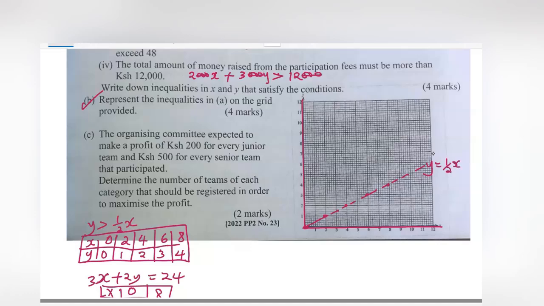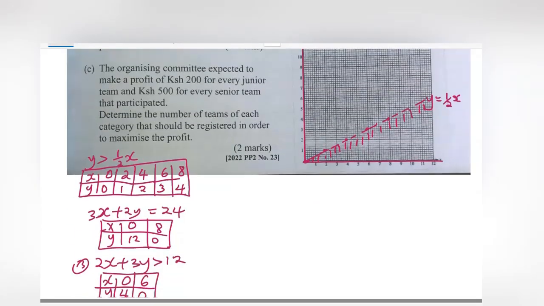Then of course what we need is above the line, and therefore we are going to shade below the line. We shade below the line. Remember, we are using a broken line, meaning the other part is not included.